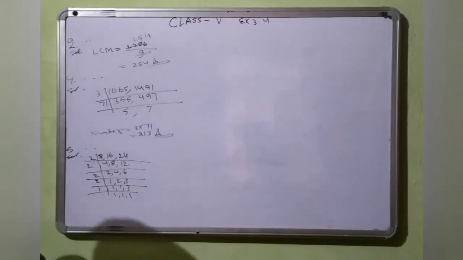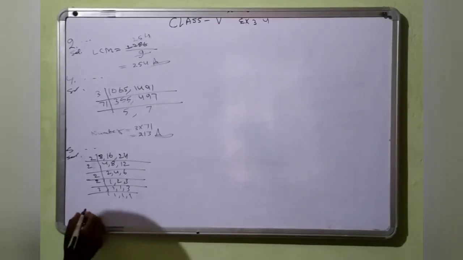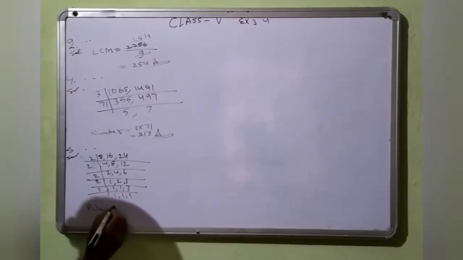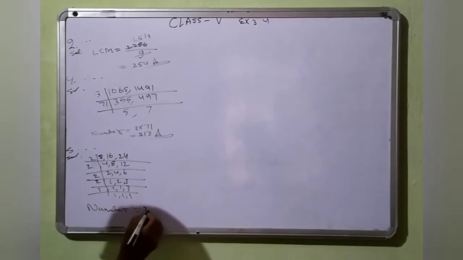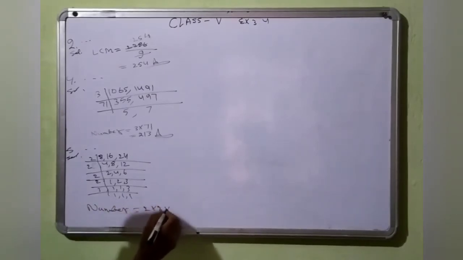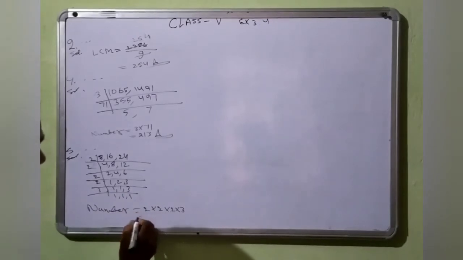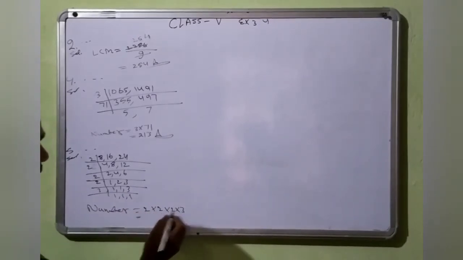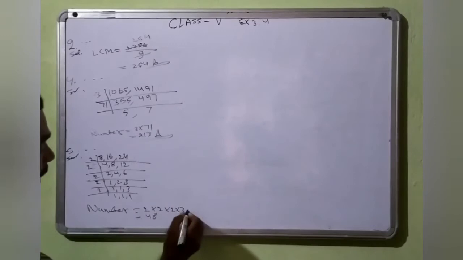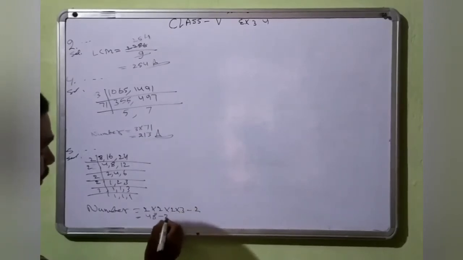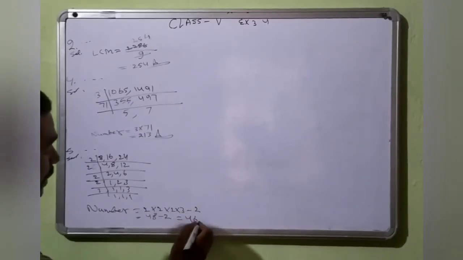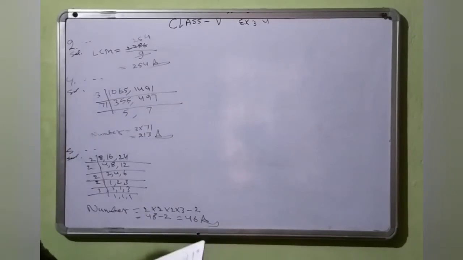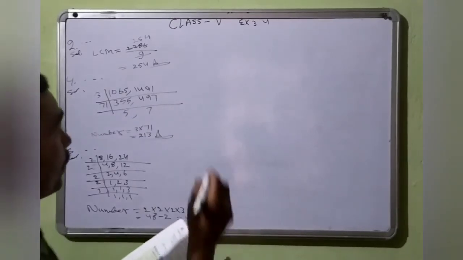So the number is equal to 2 into 2 into 2 into 3, that is 2 twos are 4, 4 twos are 8, 8 threes are 24, and then minus 2. 46 is the answer, because it's saying increased by 2.